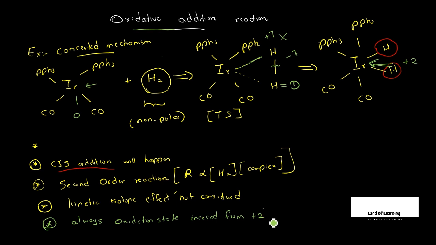This is a common thing for oxidative addition reactions. It doesn't matter what the mechanism is, all the oxidative addition reactions have this character. So let's move into the SN2 mechanism.